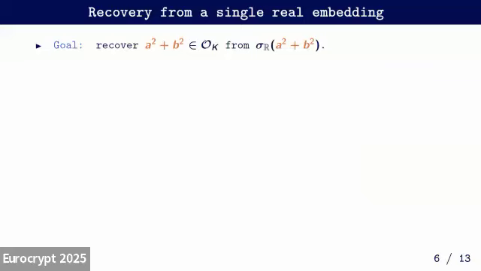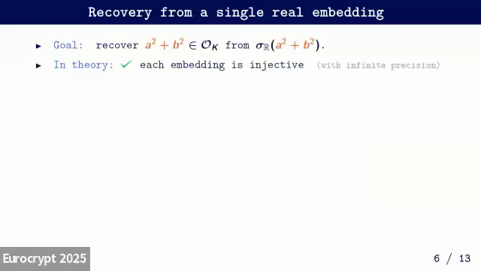Okay, so let's have a look at that problem. So in theory, is this even possible? Well, yes, each of these embeddings is injective. So in principle, we could find the pre-image that's unique. But that's only if you have infinite precision, if you really work with real numbers. So in practice, that is a bit more complex. But still, let's have a look at it. We know that a squared plus b squared lives in this ring of integers.